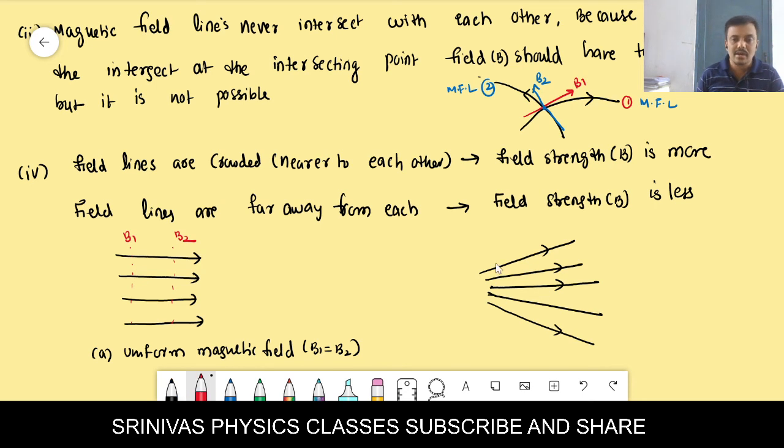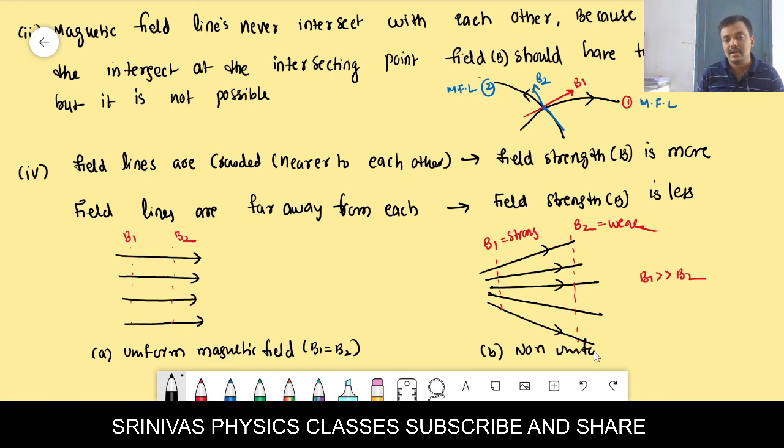Where the field lines are closer, the field is strong. If the field lines are far away from each other, at that location the field is weak. Here it is a strong field and here it is a weak field. We say that B1 is greater than B2, and this is a non-uniform magnetic field, the field strength is not the same. Clear?